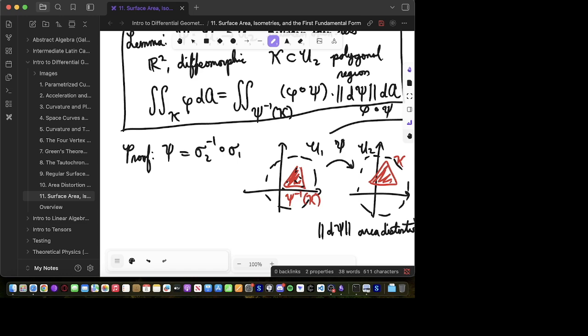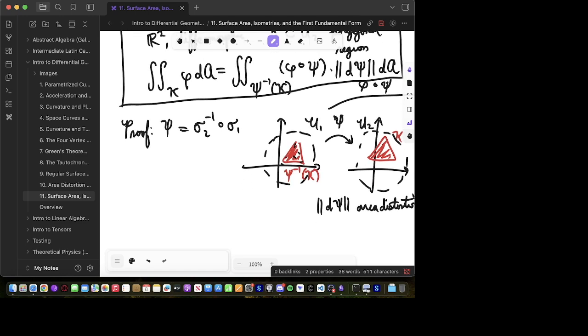So this is technically a diffeomorphism from the pre-image of the intersection of V1 and V2 to the pre-image of the intersection of V1 and V2, under sigma 1 and sigma 2.